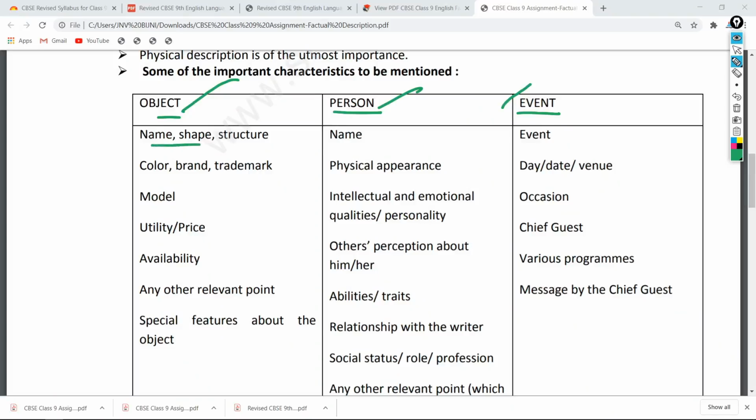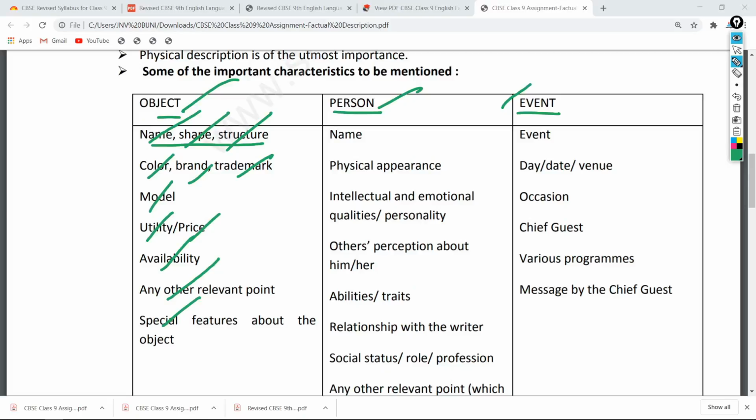Suppose you are going to describe an object, then name the object, shape, structure, color, brand, trademark, model, utility, price, availability, any other relevant point, special feature. Now beautifully it is written. If you add all these points in a paragraph, your paragraph will be very beautiful.